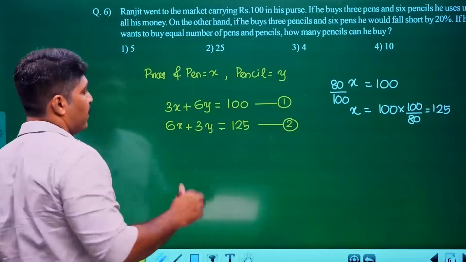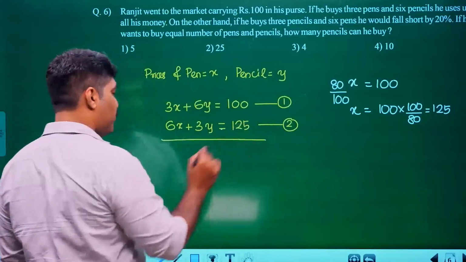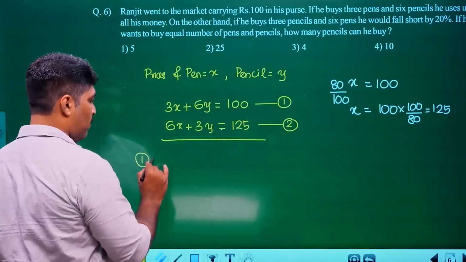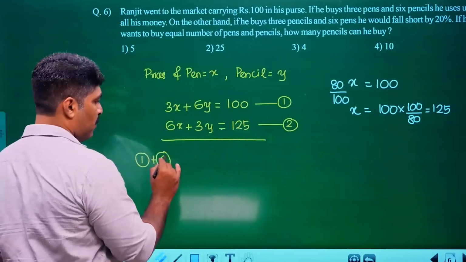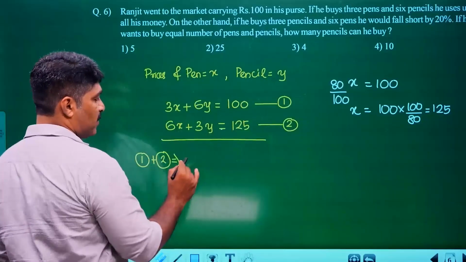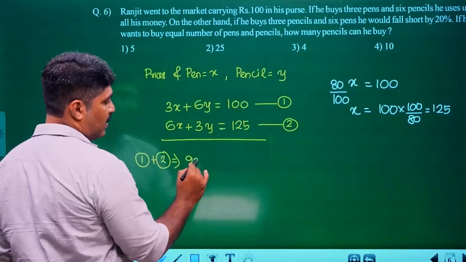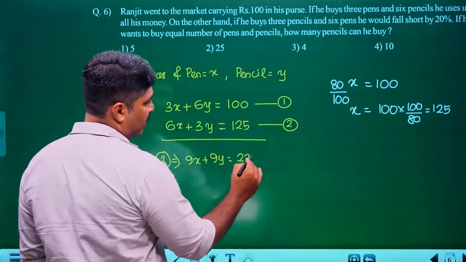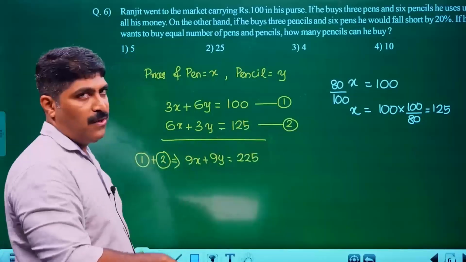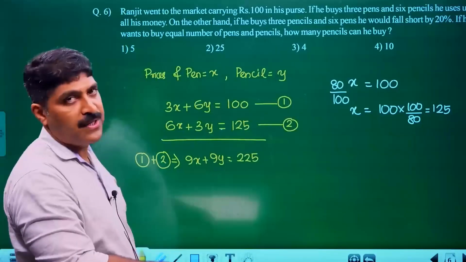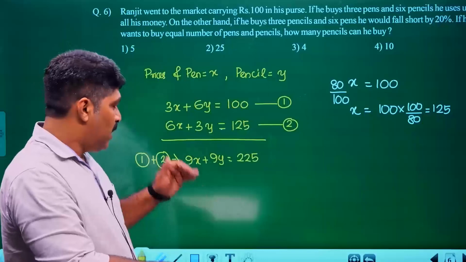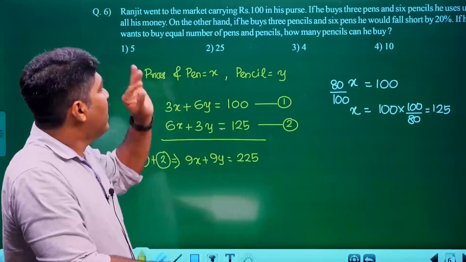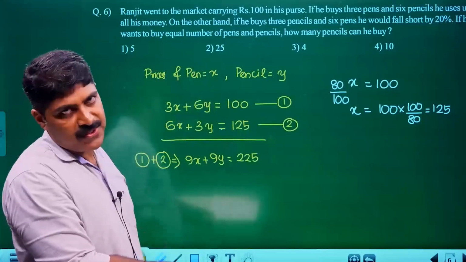If we add these two equations, 1 plus 2, what will you get? This is 6 plus 3, 9x, and this is 9y. This is 225. Don't forget, we have only 100 rupee with us. Therefore, we need to buy an equal number of pens and pencils.